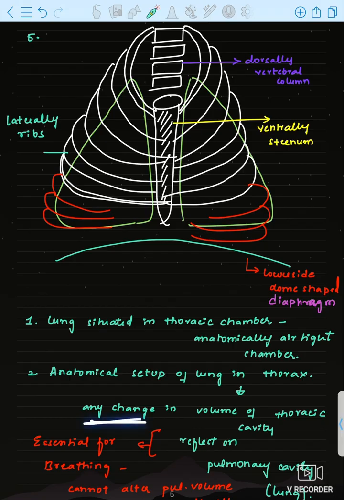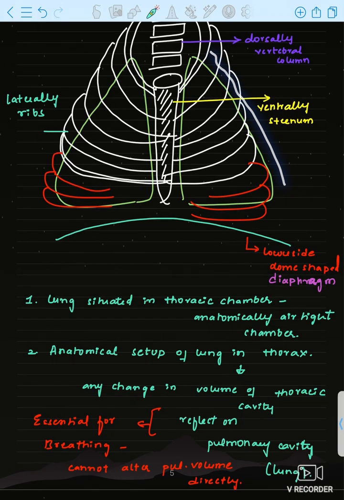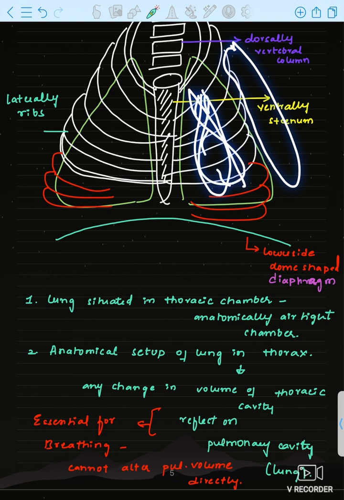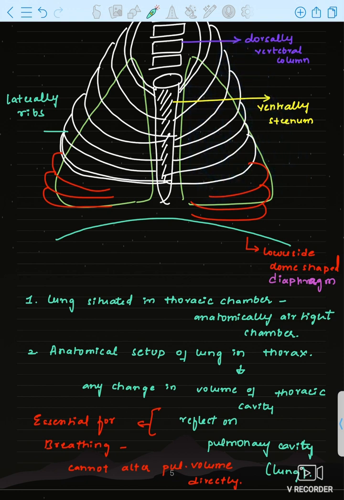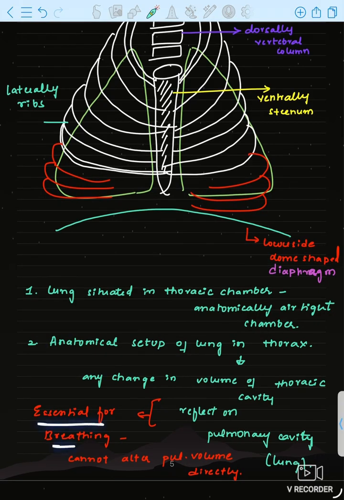So if any change occurs in the volume of the thoracic cavity, it will reflect on the pulmonary cavity. Any change that occurs in the thoracic cavity will reflect in the pulmonary cavity also. Okay, that kind of anatomical setup will be there in the thorax, which is essential for breathing.